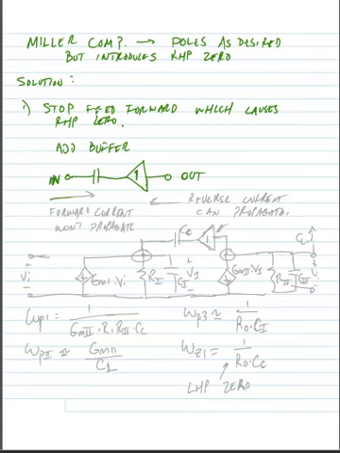So what happens here is if it's an ideal buffer, our forward current won't propagate. But the reverse current will.